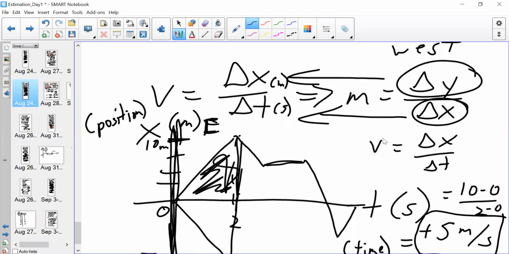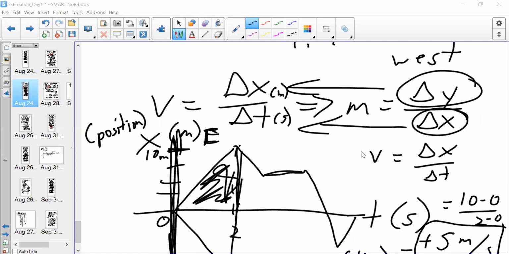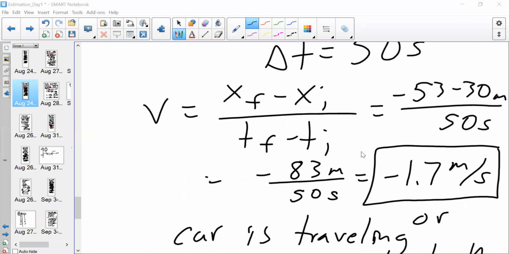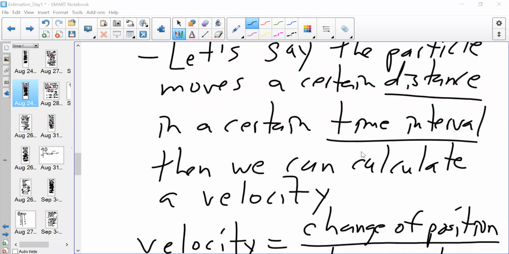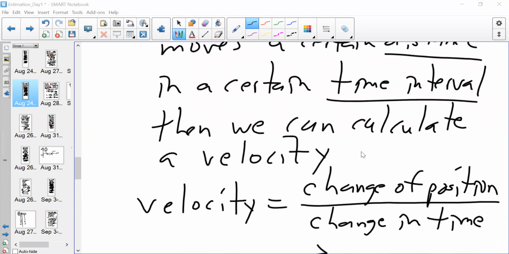Question. Yes, I can, no problem. Velocity definition was the question. Here we are. Hopefully that's it. So again, velocity, change of position over change in time. We're going to see in a moment, acceleration is change of velocity over change in time.